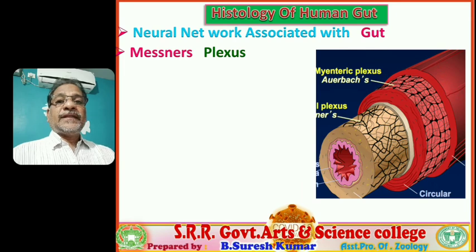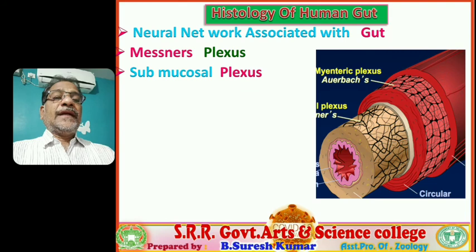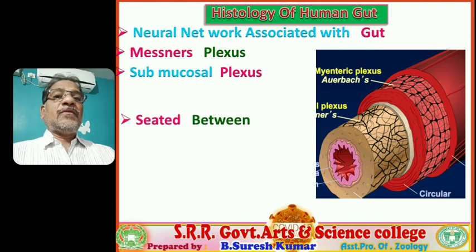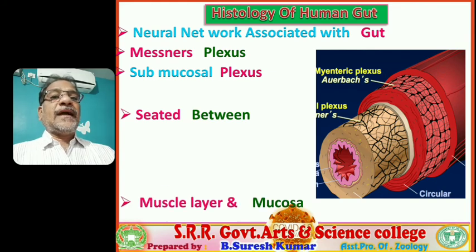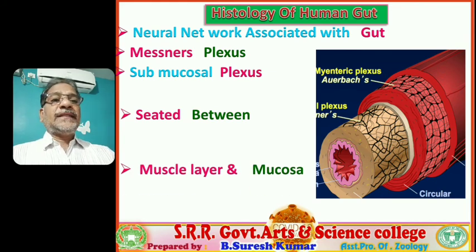We will discuss this in detail in subsequent classes. So next, the sympathetic network is Meissner's plexus. It occupies the submucosa, hence it is called the submucosal plexus.